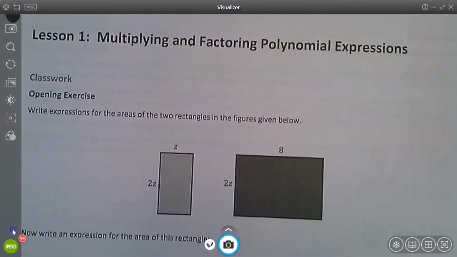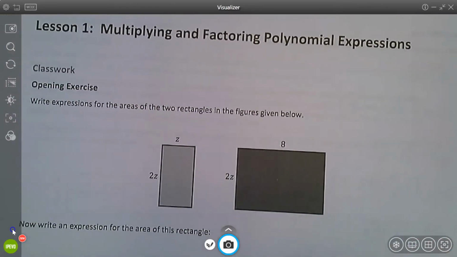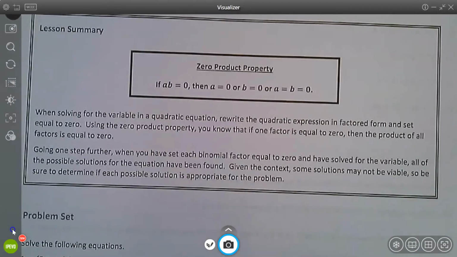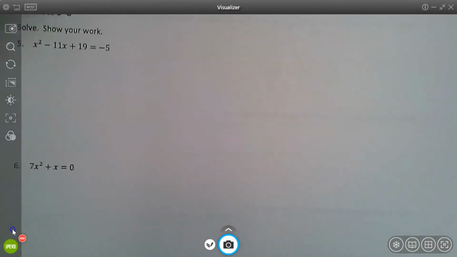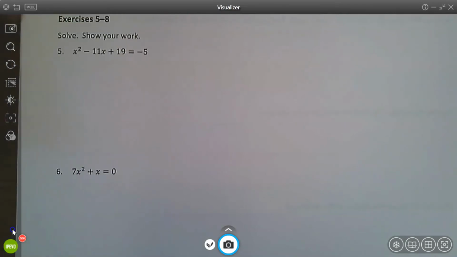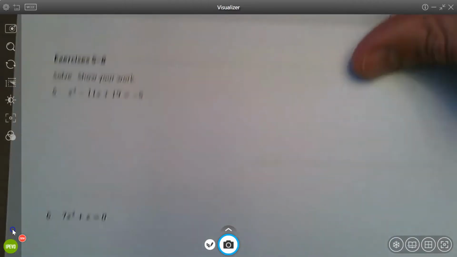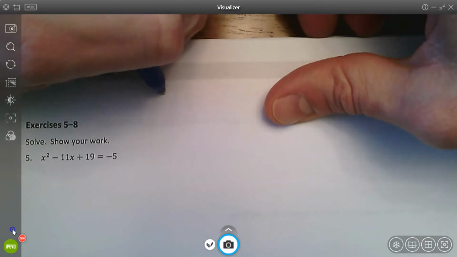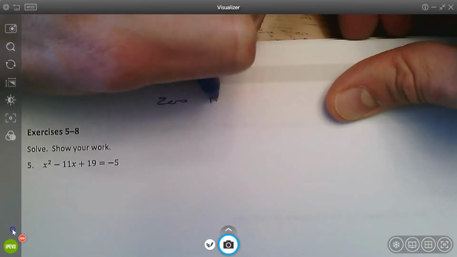So if we jump right in and look at a couple of examples here on page 28, the work that we do today is going to be specifically talking about this idea of the zero product property.